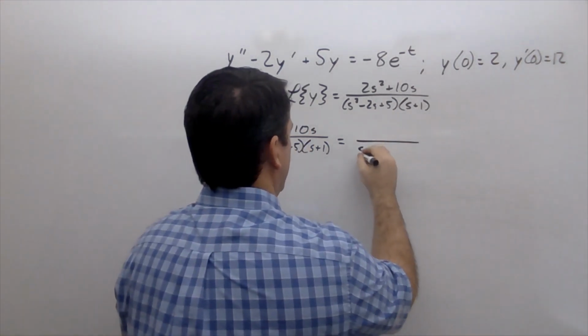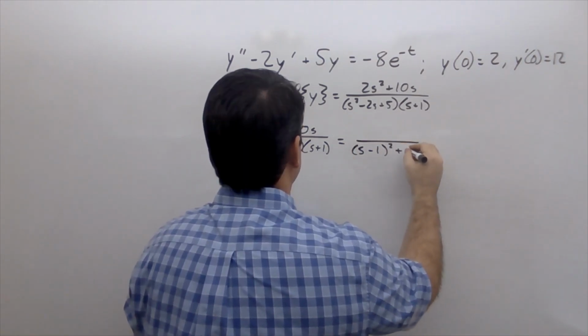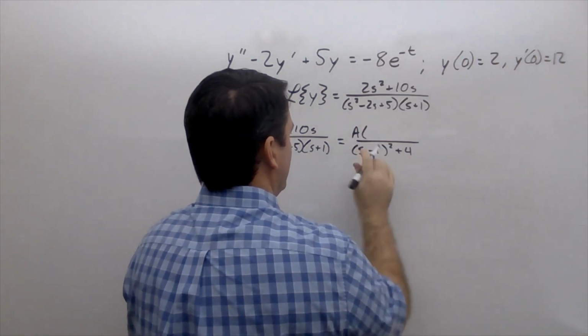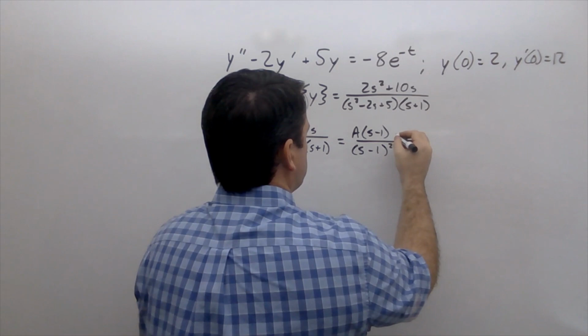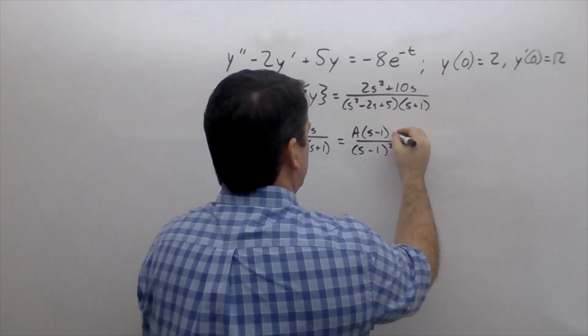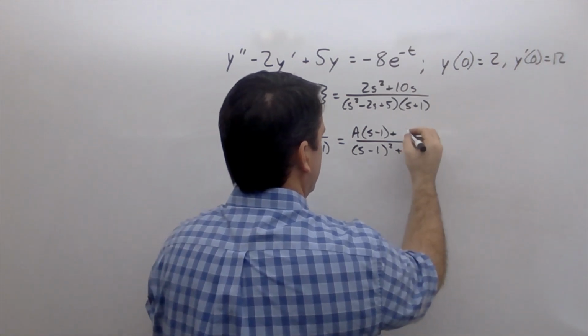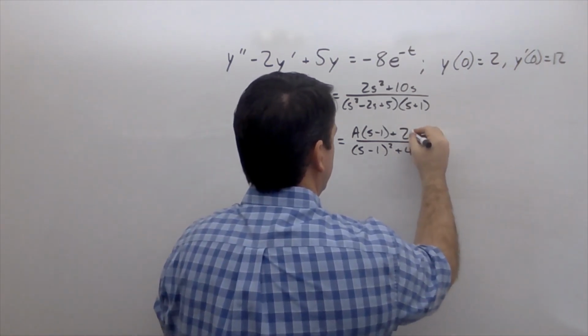And so we're going to get s minus 1 squared plus 4. And then on top goes a times this, s minus 1, plus this, b times this, the base here, so 2b.